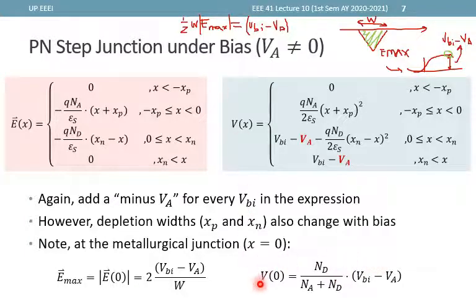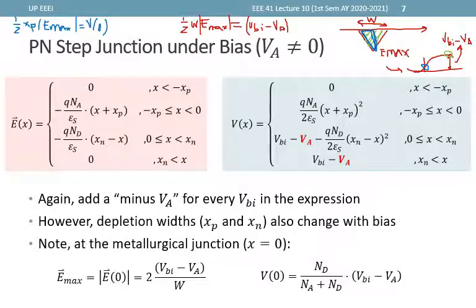Now this equation right here can also be derived from the same formulation right here. Now what if we get the voltage at x is equal to 0? The voltage at x is equal to 0 is related to the area of this triangle right here, where the height is still equal to Emax, so 1/2 base times height, where the base is actually this time XP, and the height is still Emax, and that is equal to the voltage at x is equal to 0.